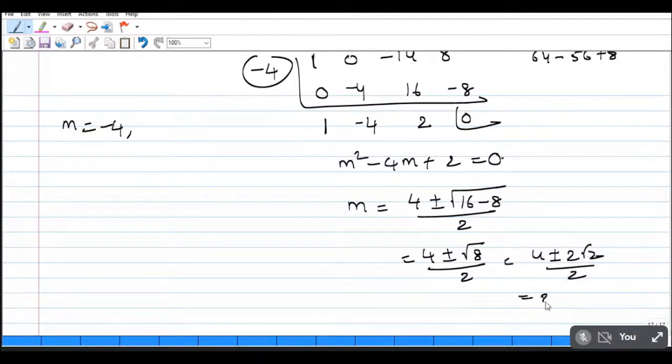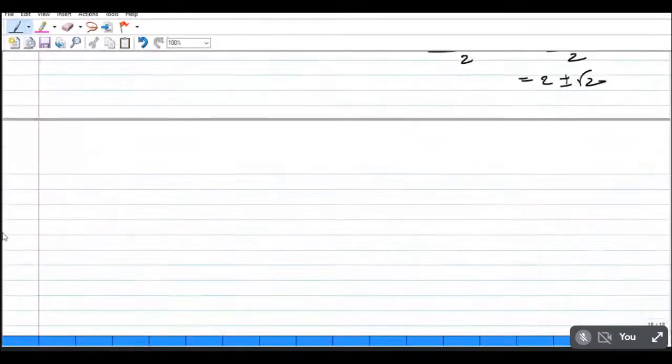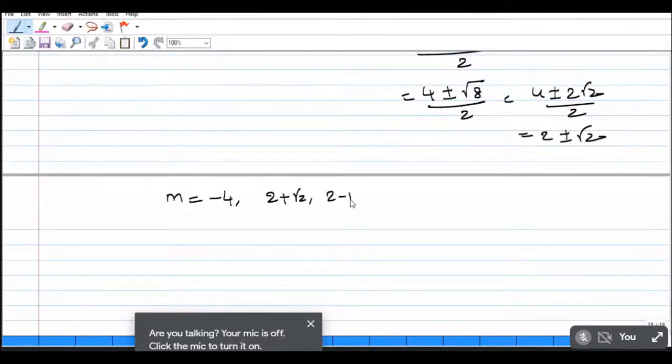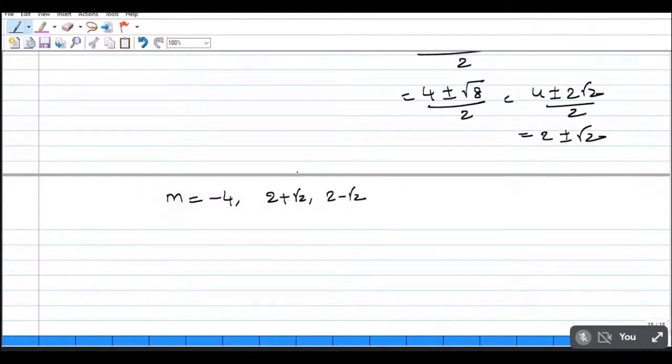You can divide this by 2, 2 plus or minus root 2. M equal to minus 4 is one root, 2 plus root 2 is one root, 2 minus root 2 is another. These are not complex roots, right? Real or complex? Real.